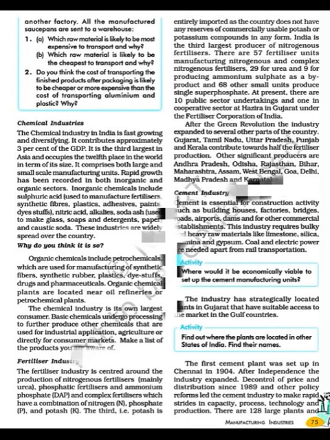It is situated in the Gujarat coastal area because of accessibility to the Gulf countries of Dubai and Saudi Arabia. The first cement plant was set up in 1904 in Chennai, and reforms such as decontrol of price and distribution have led to an increase in the capacity of this industry, and this industry is doing very well in terms of production and export also. So this was about the cement industry.